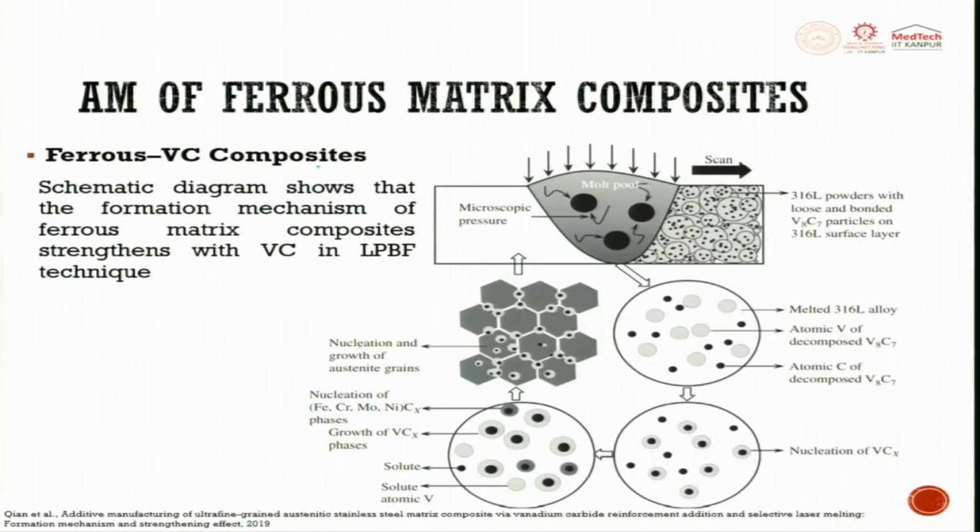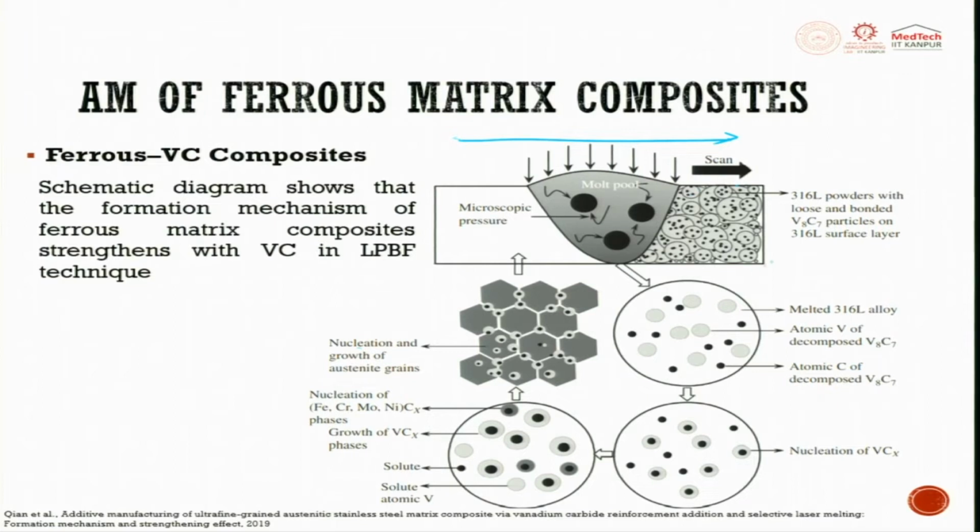Ferrous vanadium carbide composite. The schematic diagram shows the formation mechanism of ferrous matrix composite strengthening with VC in the laser powder bed fusion method. You have the part, and the scanning is moving from this place to this place. These are all fresh powder where the laser has not yet come in contact.